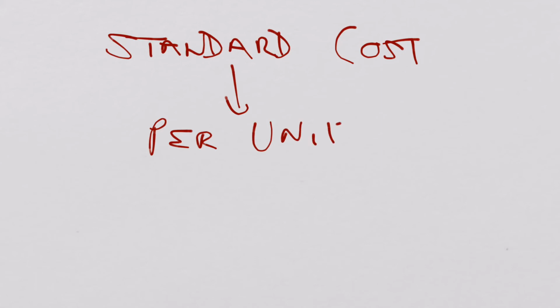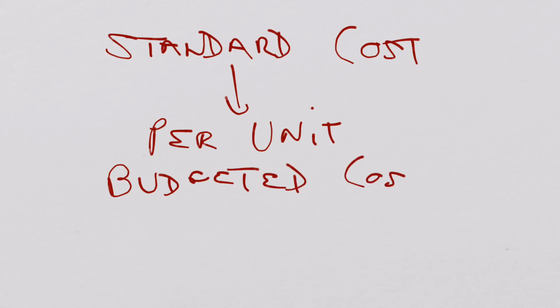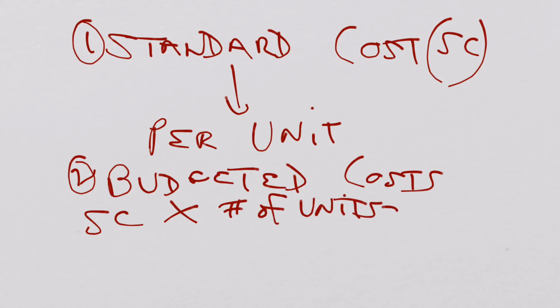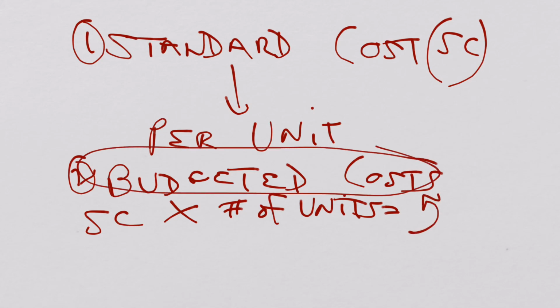And the definition of budgeted cost is the standard cost times the number of units, and that becomes our budgeted cost. Just pointing that out because it was an error in the practice quiz.